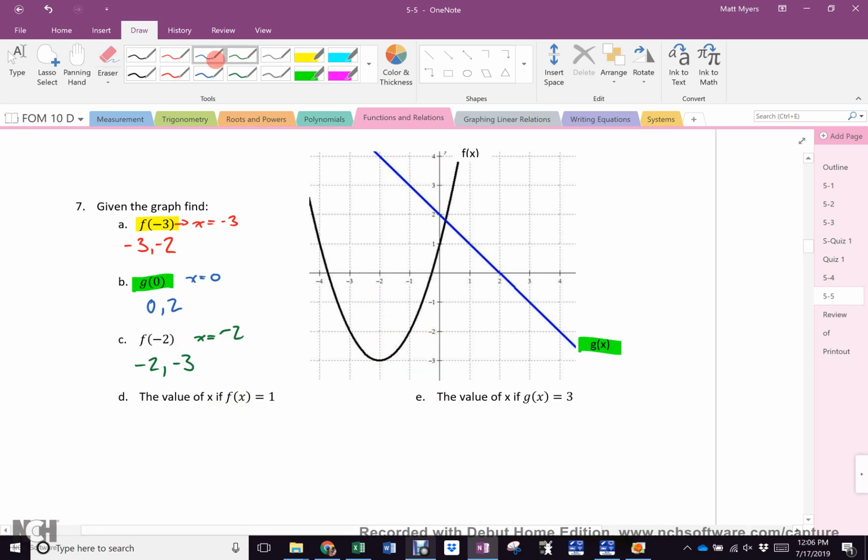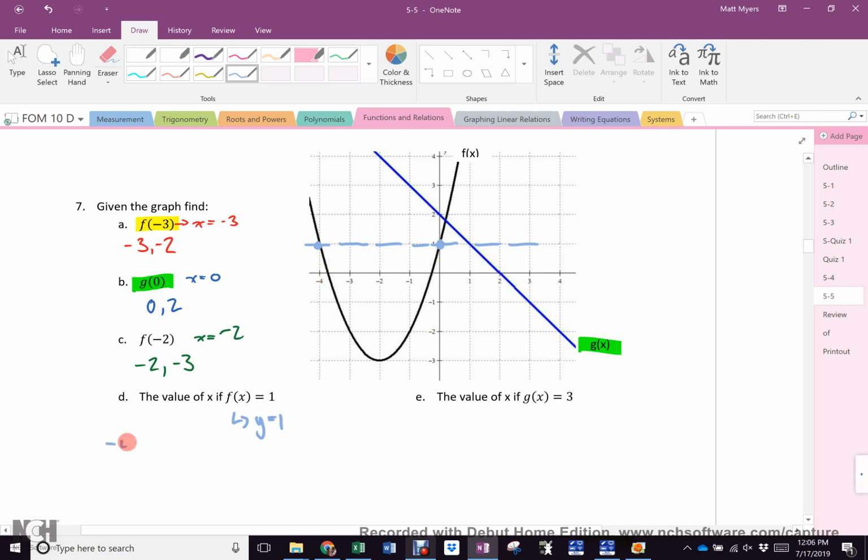Now this is different because this is not an x value. y equals 1. So I go to where y equals 1, and now I've got this line. And you can see that it hits my f curve twice, at 0 and -4.